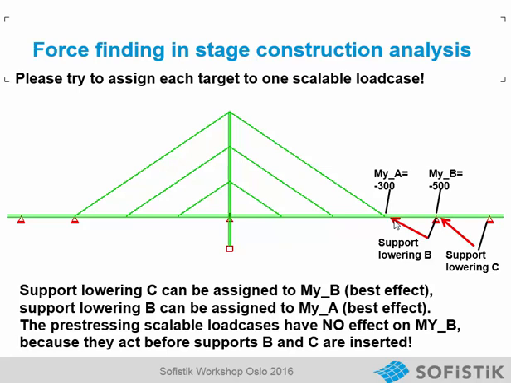So here the best way to change the bending moment in this element is a support lowering here, and if we want to optimize the bending moment here, we can use a support lowering here. We could also use the ballast, but here I used the support lowering because it is more clear to choose a load case that really affects the bending moment here.